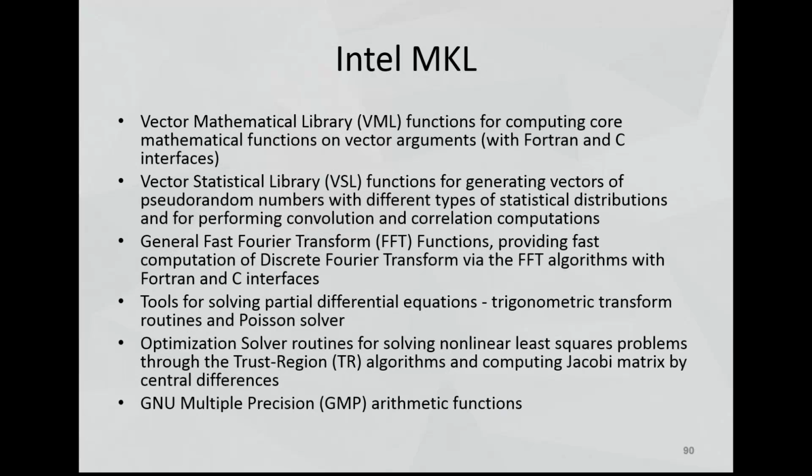It includes vector mathematical library functions, so either C or Fortran, vector statistical libraries, so pseudo-random numbers, statistical distributions, not just standard Gaussian, but all the different types of time series analysis, GARCH, or something such as binomials, power series, etc. General fast Fourier transform functions, so looking at discrete Fourier transforms in engineering analysis, looking at flow dynamics, chaos, and by chaos we're talking about chaotic results, things like not actually random, but fractals, for instance, analysis of fractal type results, or fluid dynamics, looking at partial differential equations, trigonometric transforms, Poisson solvers, etc. All of these are part of the Intel MKL library.